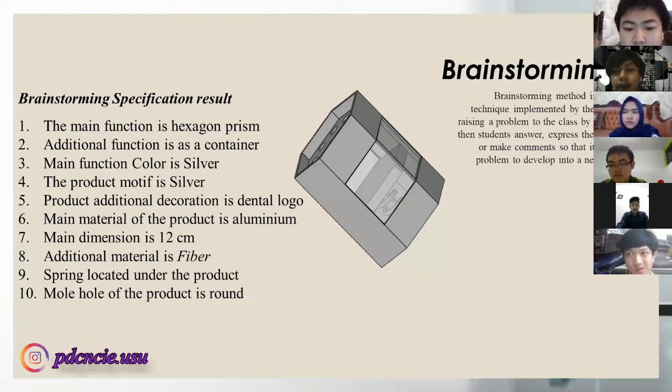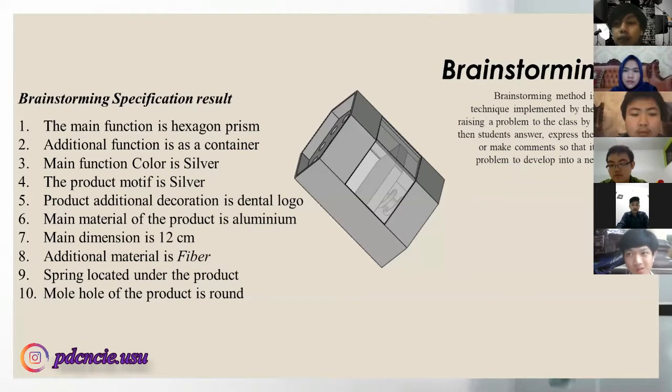The brainstorming method is a teaching technique implemented by the teacher by raising a problem to the class, then students answer, express their opinion or make comments so that the problem develops into a new problem. From the steps of brainstorming, we obtain the problem in the form of the sterilized cotton storage product specification.